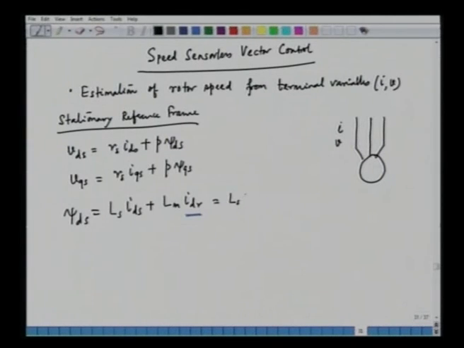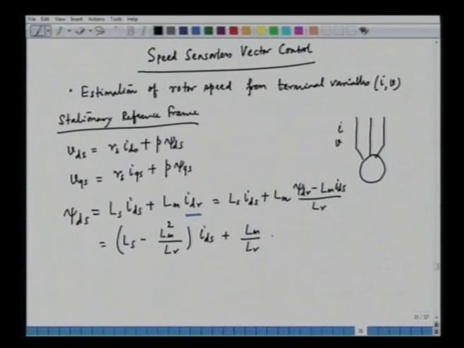That is equal to Ls IDS plus Lm into IDR, where IDR is psi dr minus Lm IDS by Lr. So this is our IDR. Now if we simplify this, we can get the following expression: Ls minus Lm square by Lr into IDS plus Lm by Lr into psi dr. This is what we obtain here.